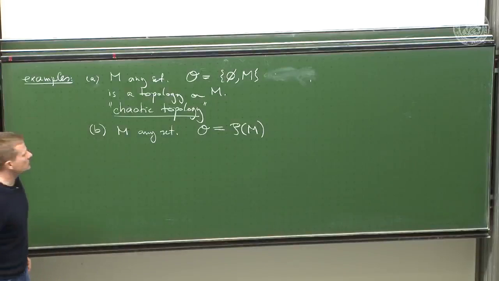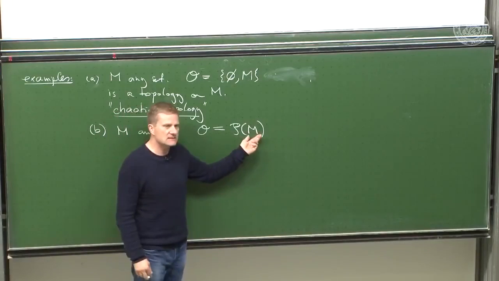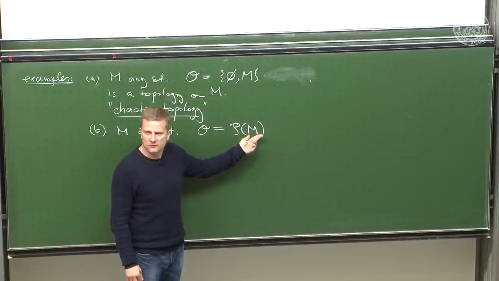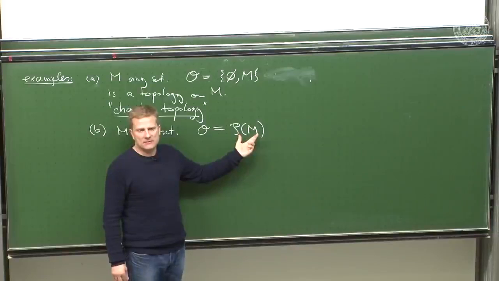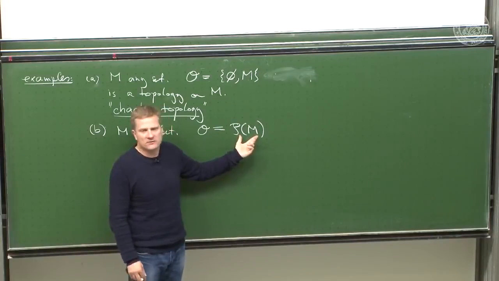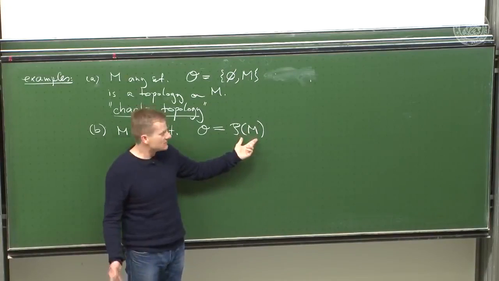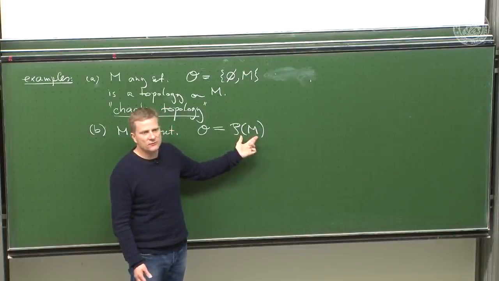Is this again a topology? Well, obviously the power set contains any subset, so the empty set is in there, the full set is in there, first axiom. For any two elements of the power set, the intersection is again, of course, in the power set, because the intersection of any two subsets is a subset, and the same is true for the union.